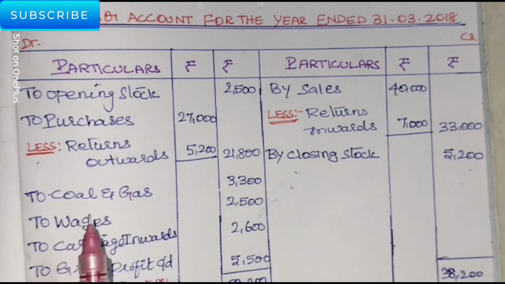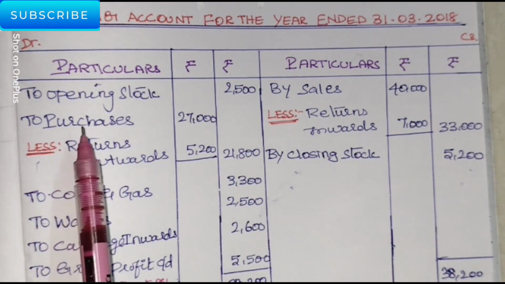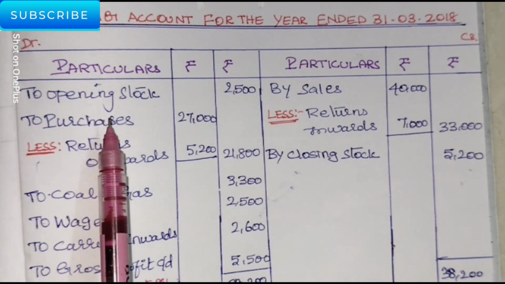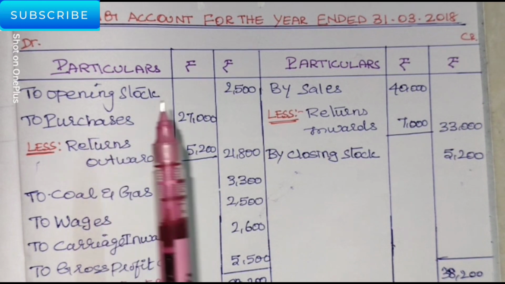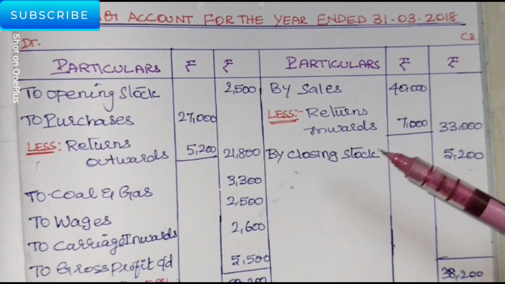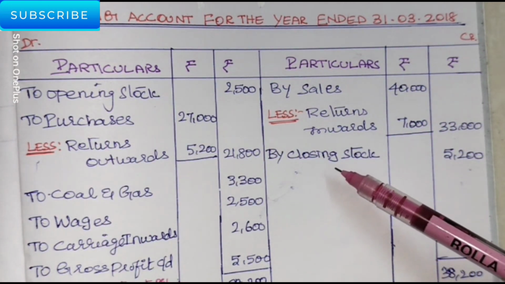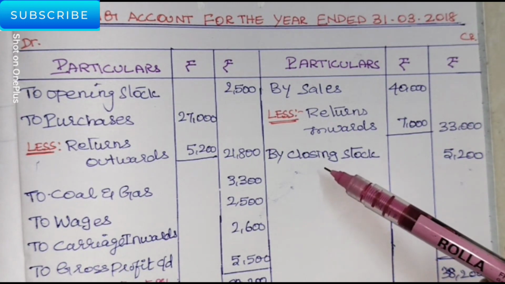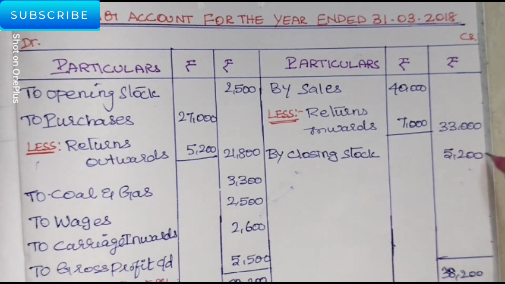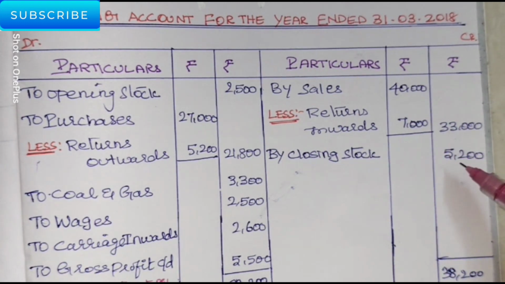Listen, you always start with opening stock on the debit side of the trading account. In the same way, at the end of the trading account, you have to enter the closing stock. So the closing stock of 5,200 is entered on the credit side of the trading account.